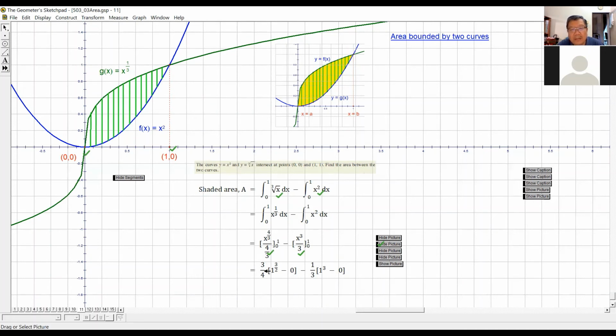Something is wrong here. The 1/3 should become 4/3, so I have to type this one, 4/3. Why did I put 2/3 there, I don't know. Something is wrong here.